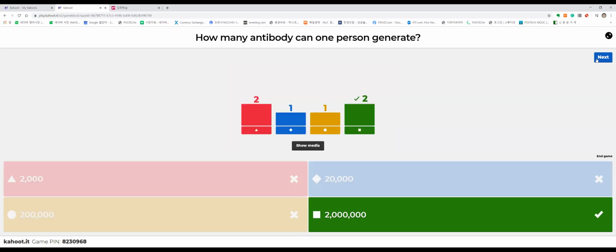We have only 20,000 genes, but one person can generate more than 1 million different kinds of antibodies. So there is some trick.